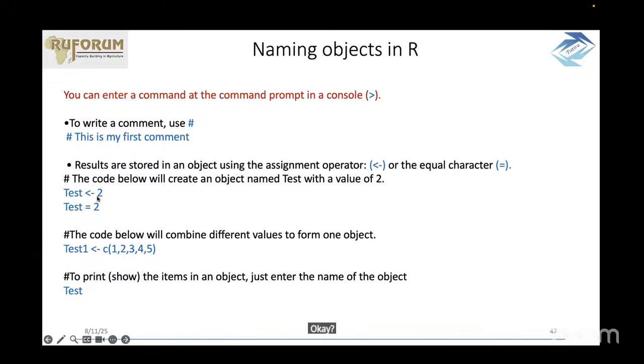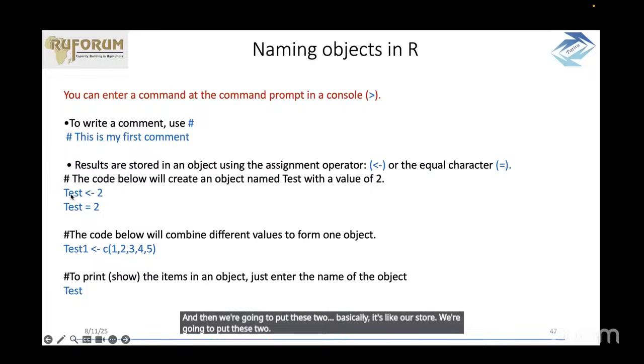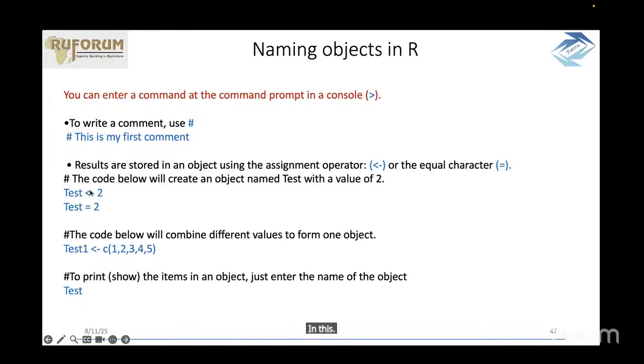For example, go back to your RStudio, we're going to do this together. This test is our object, and we're going to put this 2 in it, basically like our store. It's the same as when you type test and assign 2, you put that in that.